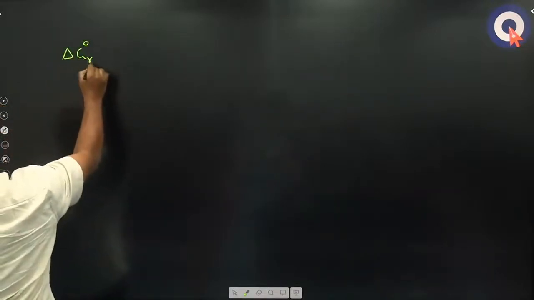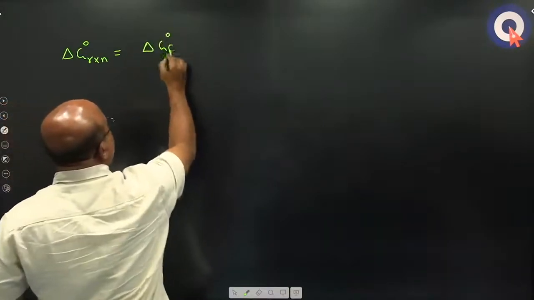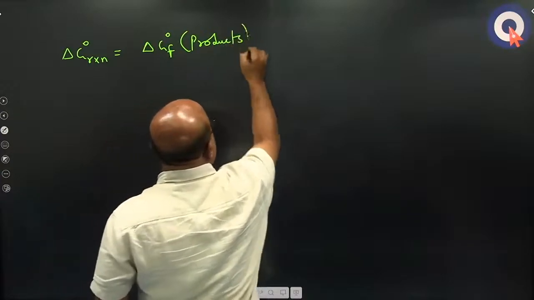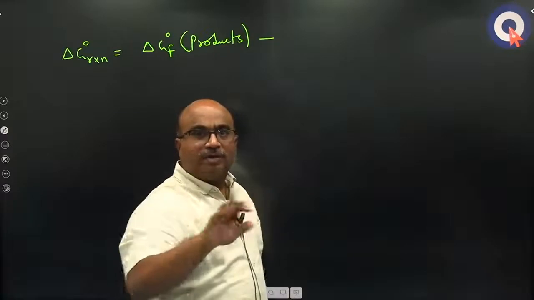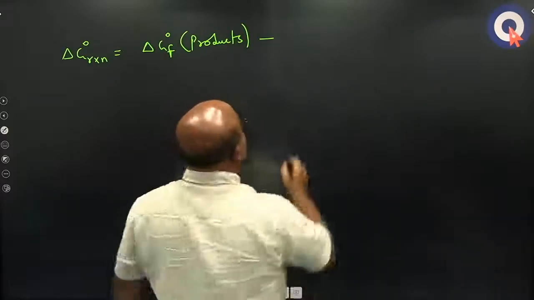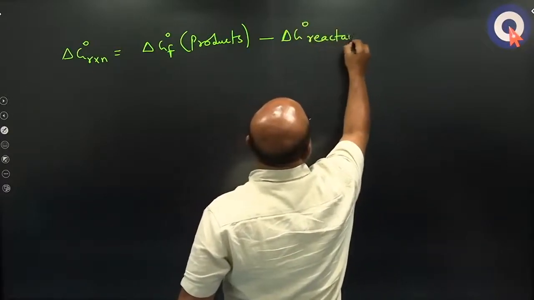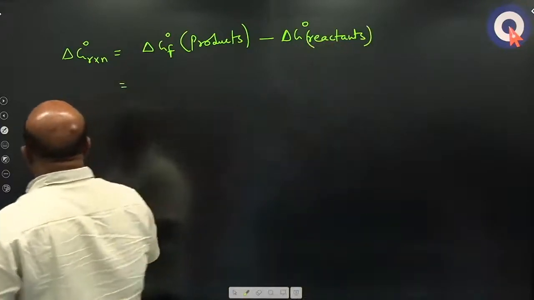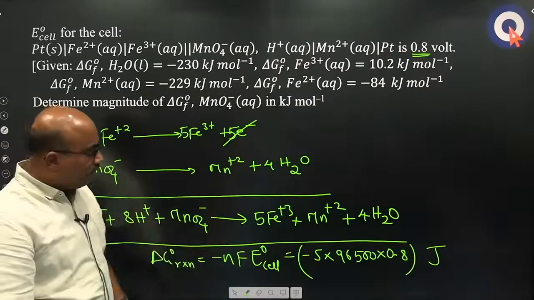Delta G naught of reaction is delta G naught of products minus reactants, whenever formations are there, whether it is a heat of formation or a Gibbs free energy of formation, it's products minus reactants. So this is delta G naught of reactants. So what are the delta G naught values that are given for the reactants and products?